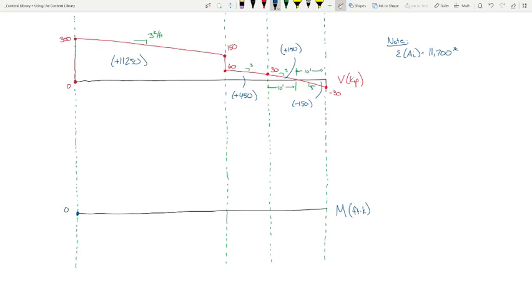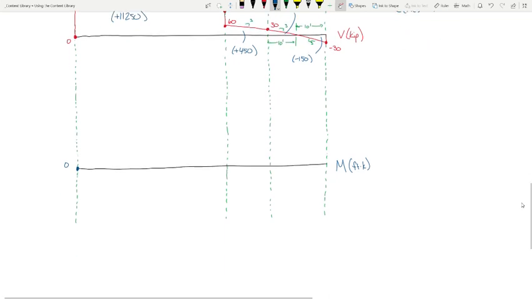So we start out at 0, and again, that moment reaction at A has got to be a sudden drop, right? The sum of my areas is a positive 11,700, so to get to 0, I've got to have a sudden drop of 11,700.